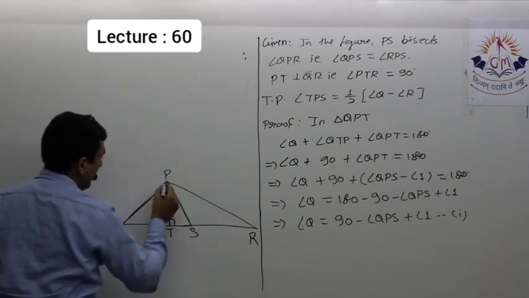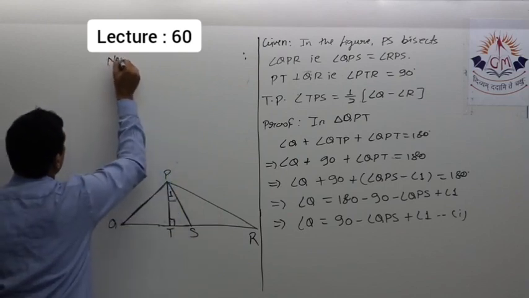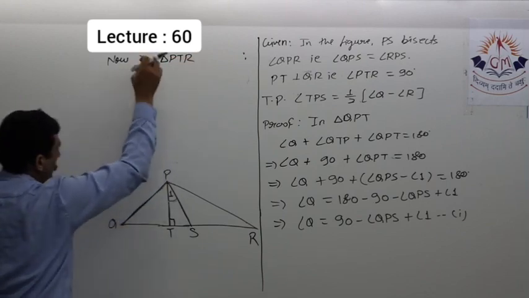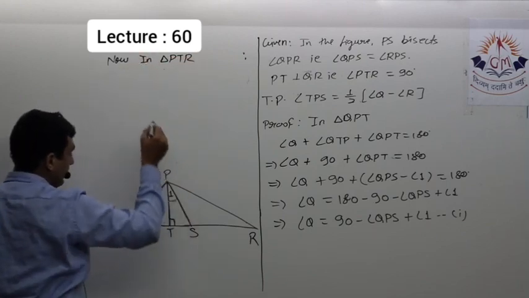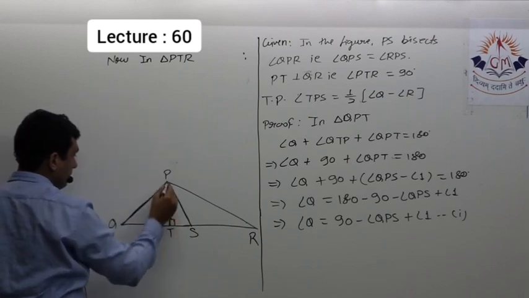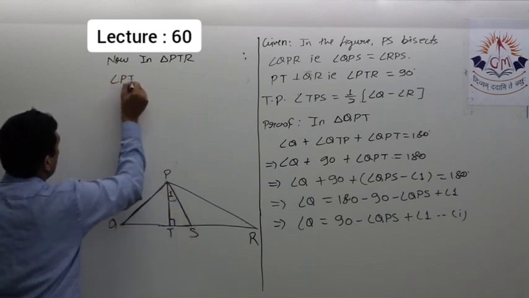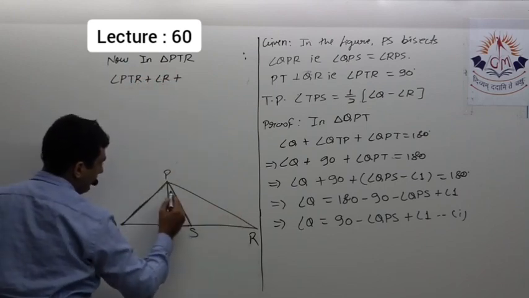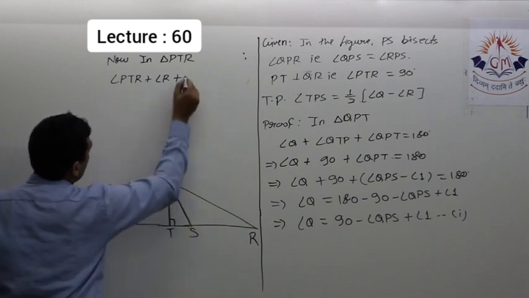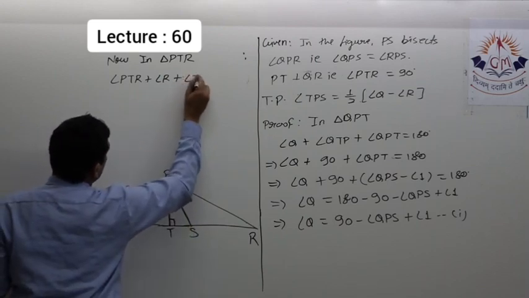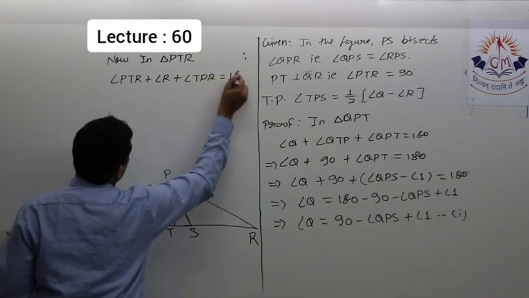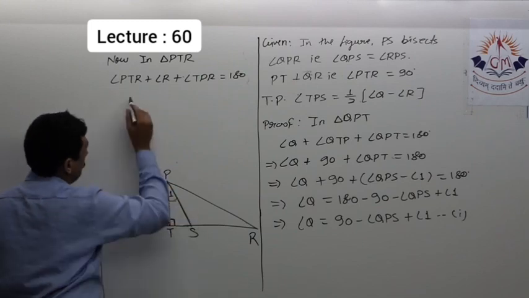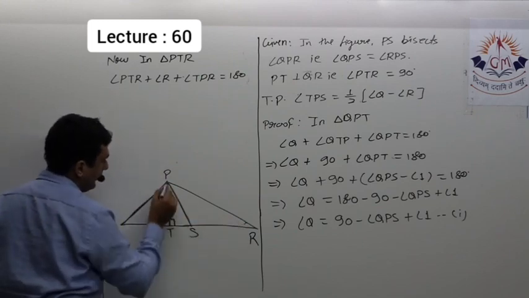Now in triangle PTR, angle PTR plus angle R plus angle TPR is equal to 180. Okay, three angles. So first I took PTR, then I took R, and finally TPR.